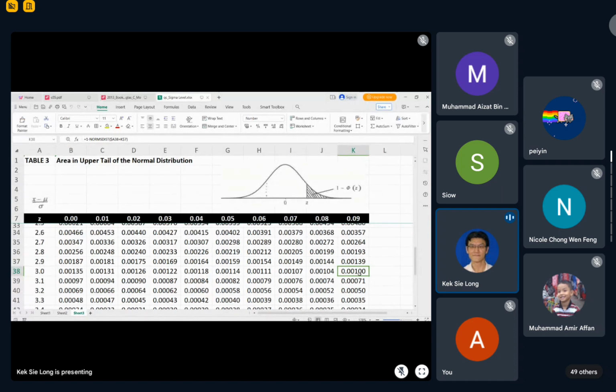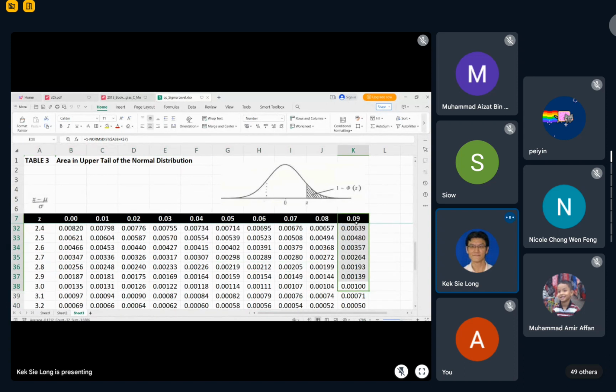Then what is the z-score? You read along the row, which is 3.0, and then you read along the column, 0.09. So 3.09.